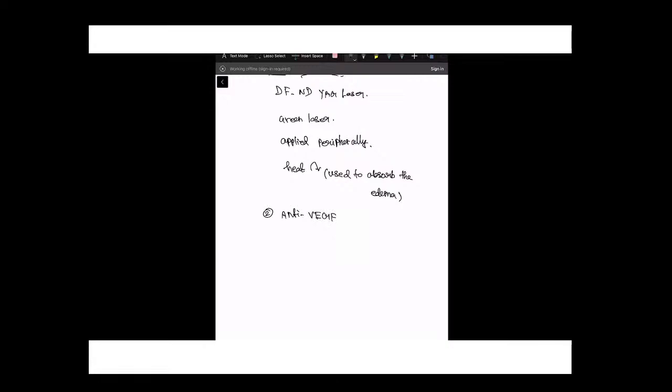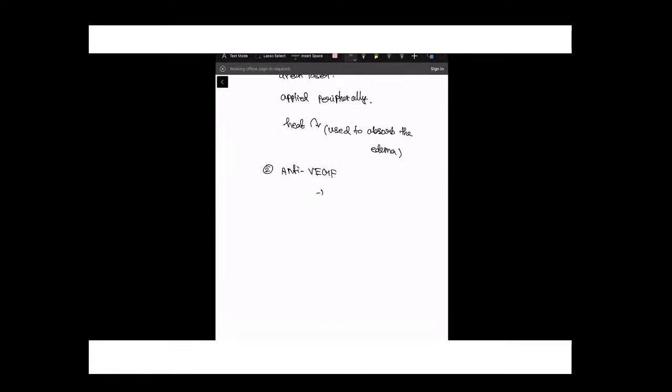This anti-VEGF is used not to complicate the non-proliferative to a proliferative, because we learned that VEGF, vascular endothelial growth factor, is the one that's going to cause our neovascularization. So neovascularization is proliferation. So to not complicate the non-proliferative to a proliferative one, we are going to use this anti-VEGF drug, that is Bevacizumab monoclonal antibody.